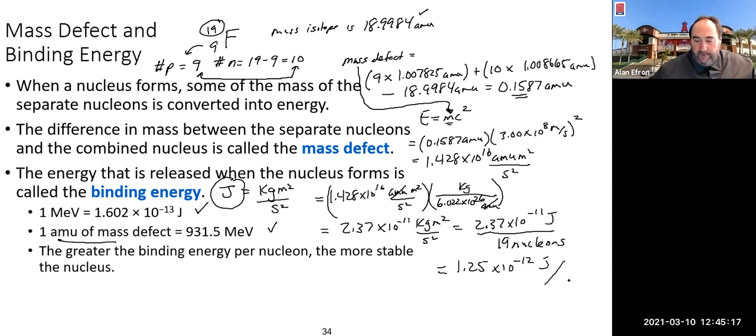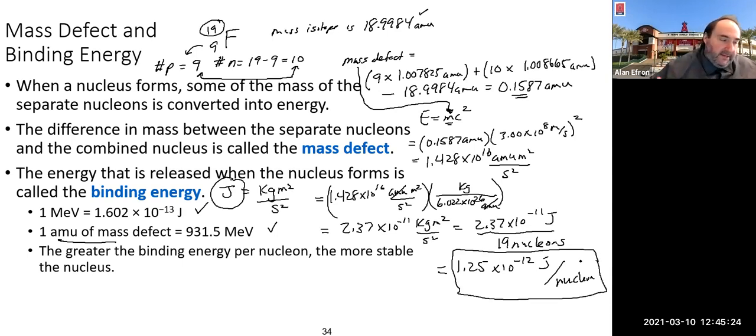Joules per nucleon. Question on that calculation? So that is how we could calculate the binding energy per nucleon using Einstein's equation.